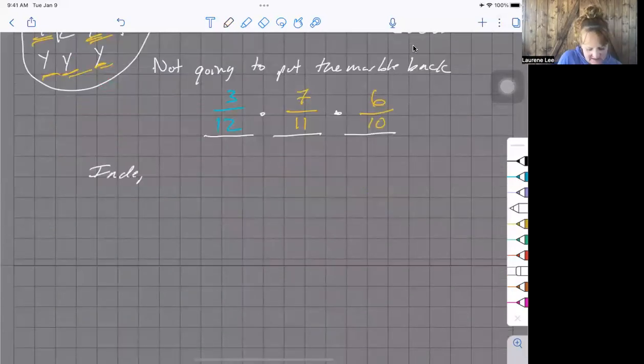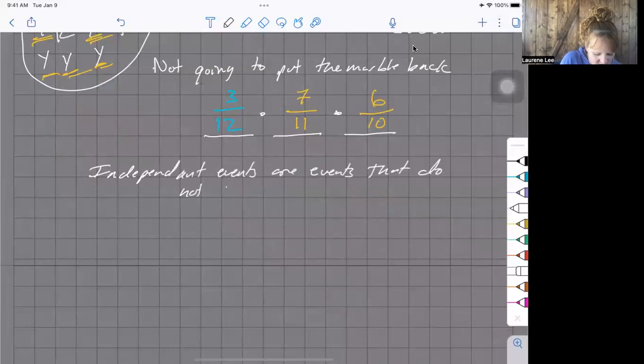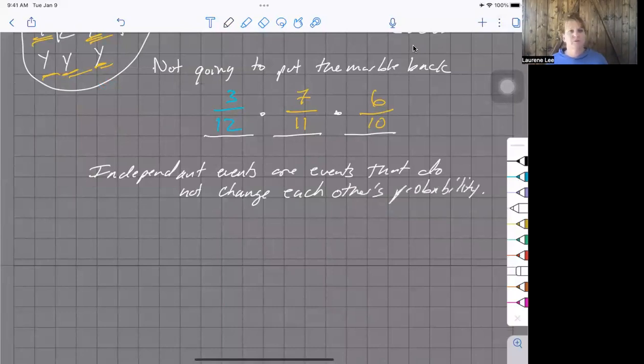Independent events are events that do not change each other's probability. Okay, so for example, if I roll a die twice, that's an independent event because what I get on the first roll does not affect what I get on the second roll.